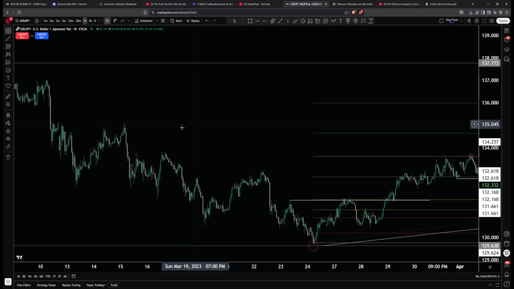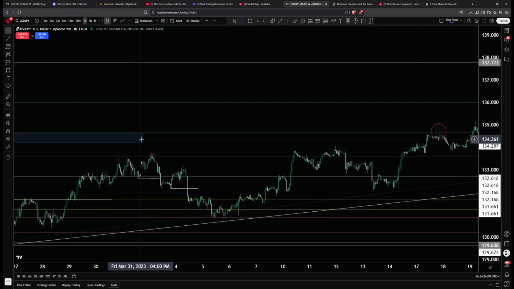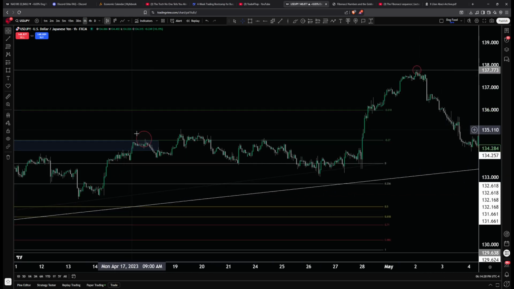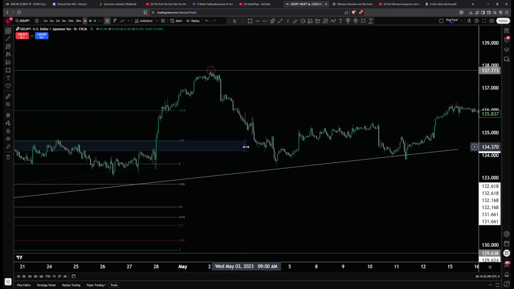And why right there? Because if you look in the past, there is a disproportion in the market. The market was going up, and then it came down with the disproportionate candles that left gaps. So if we look at this right here, where the market left a gap, and we extend that into the future, we can see why the price is having a reaction at this level.